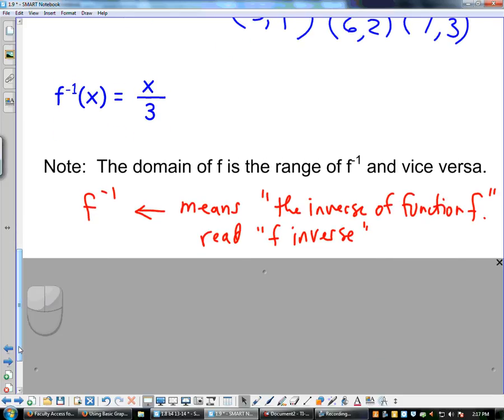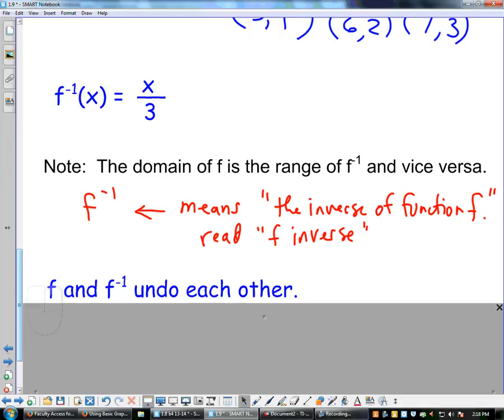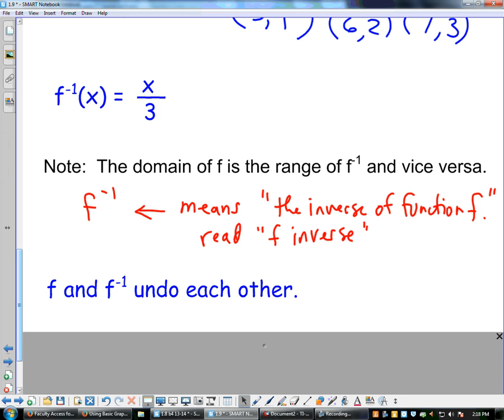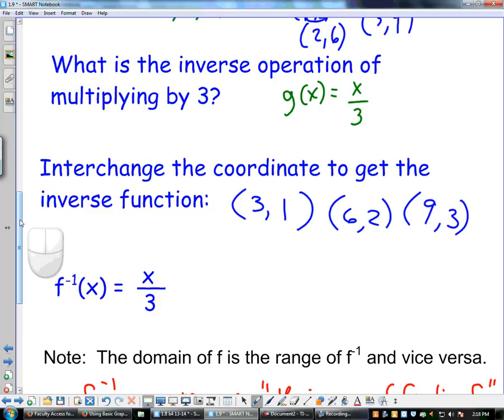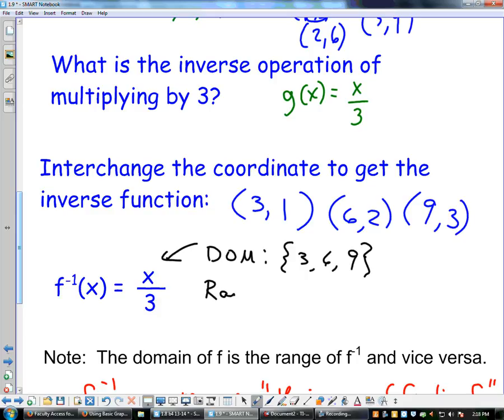Wait, I have a question. Yes. The domain of the inverse of x, 3x, would be 3, 6, and 9. Yeah, so let's go back up. Right here, for our inverse function, the domain is going to be, what did you say, Cole? 3, 6, 9. And what about the range? 1, 2, 3.